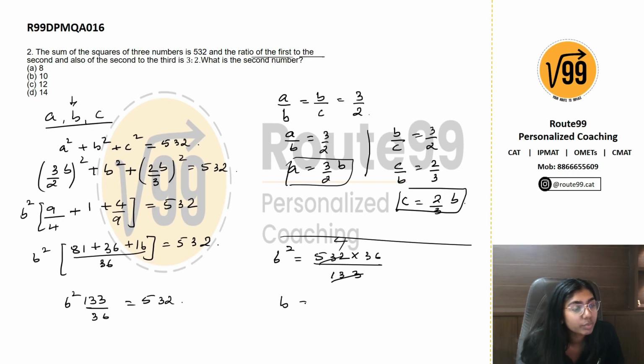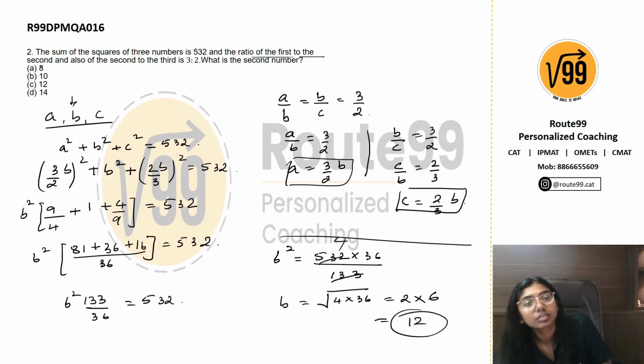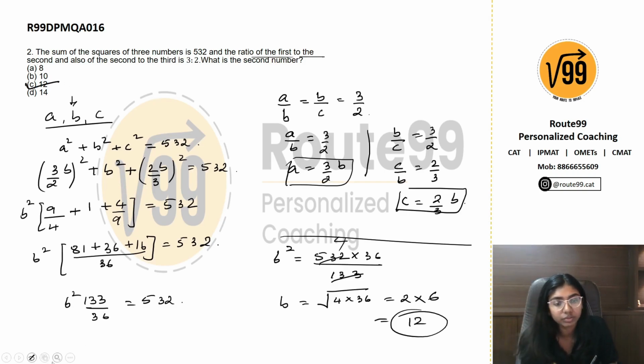So the value of B will be what? Square root of 4 multiplied by 36. Square root of 4 is 2, 36 is 6. So your answer is 12. So the value of the second number, which is B, is 12.